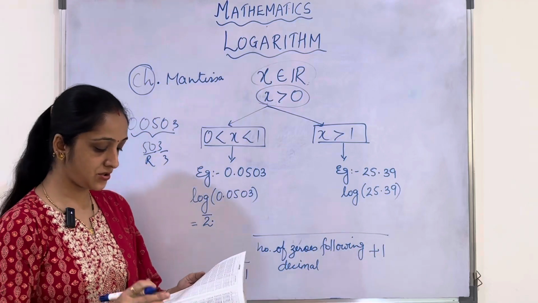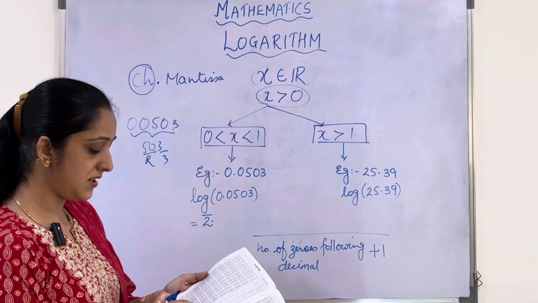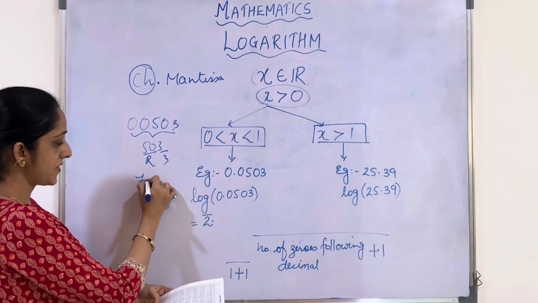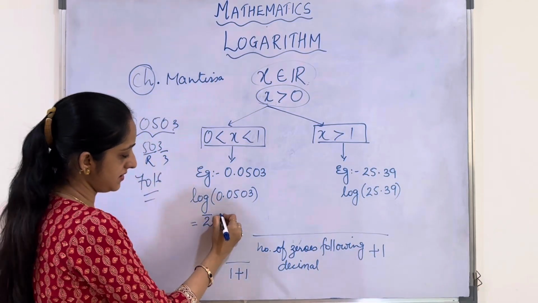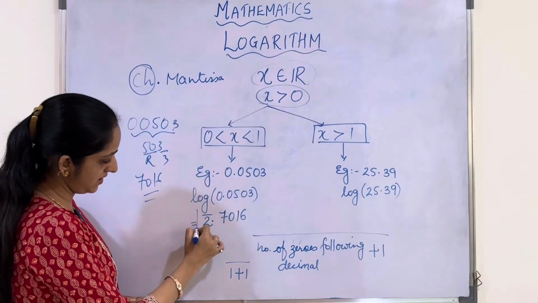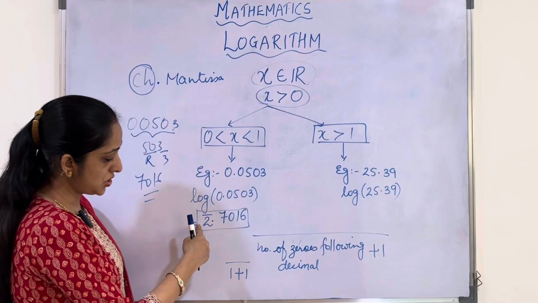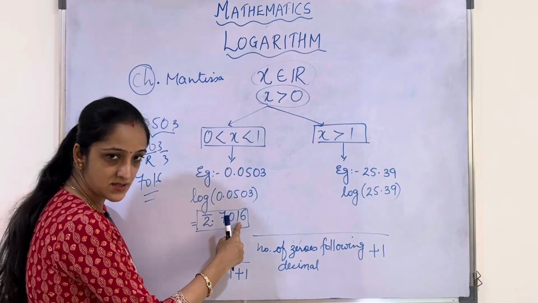The intersection of the 50th row and third column in the log table is 7016. This is how we find log of a number which is less than 1. So here in this case it is 2 bar 0.7016.